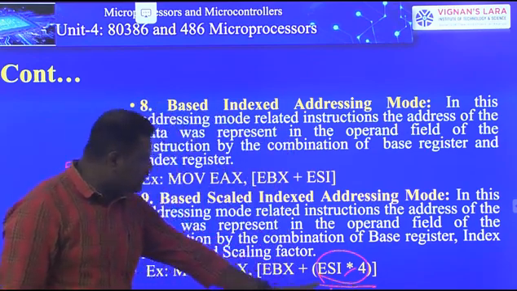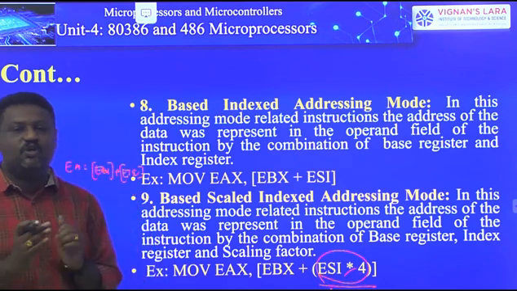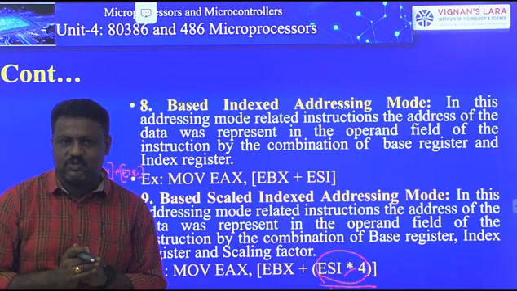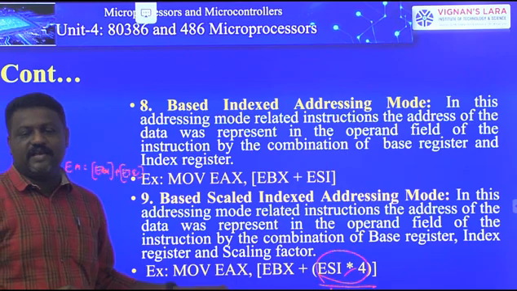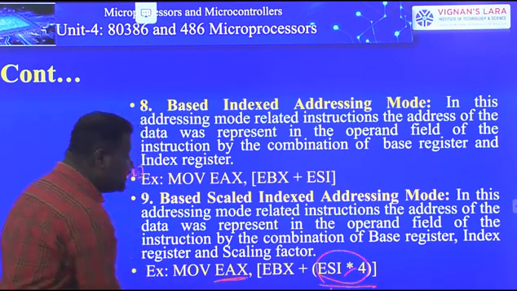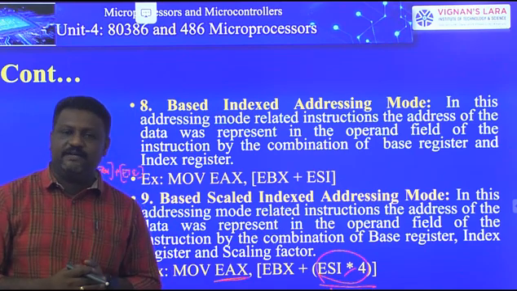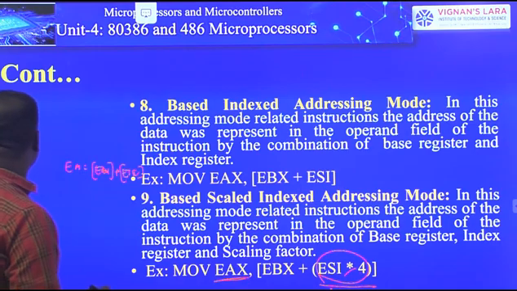This value is now added to EBX, and then we get the final offset address of our source. That address we consider as the effective address of the source. So that address data is transferred to EAX. Again here EAX is a 32-bit register, so we are going to access 4 locations of data continuously which are present in the memory itself. So that's the meaning of this.